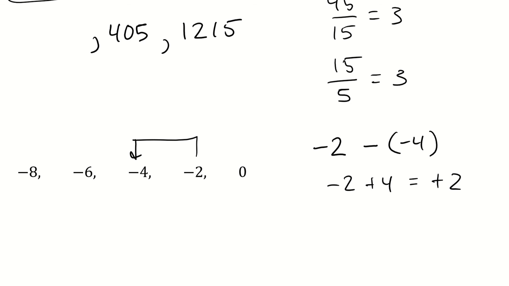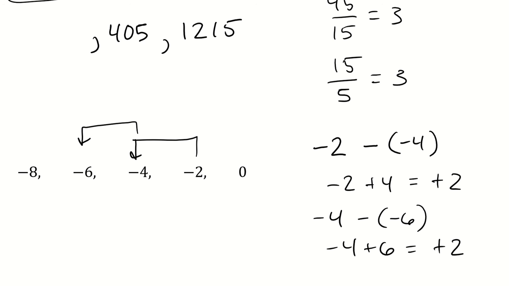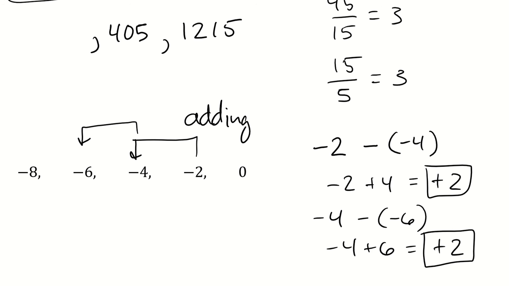I'll do it one more time. If I take -4 and subtract -6, that's -4 plus 6, which is +2. So it appears that the generator of this sequence is to add the number +2.